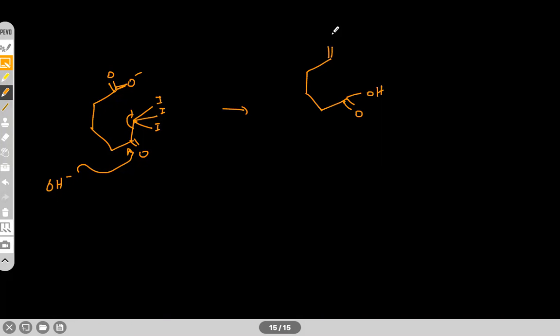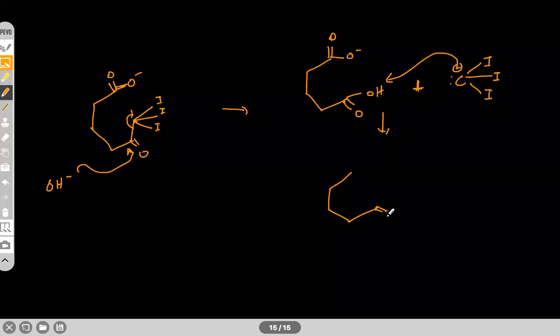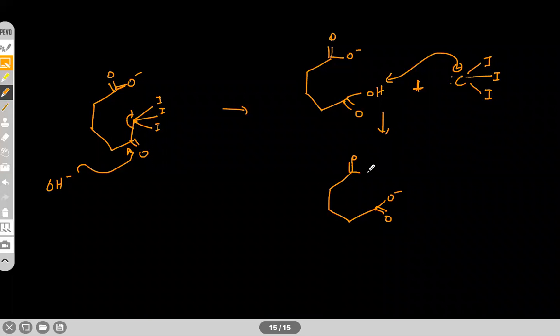This we have double bond O, O minus, plus we get here CI3, which takes hydrogen from this and converts into dicarboxylate ion plus CHI3.